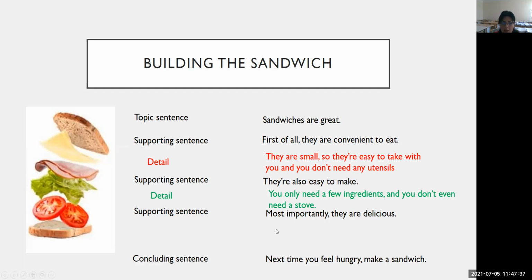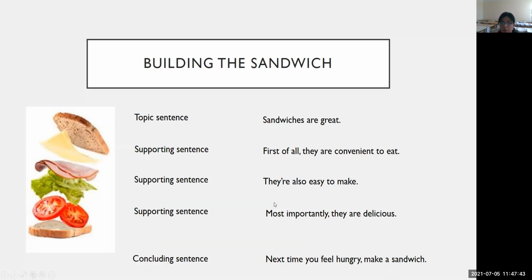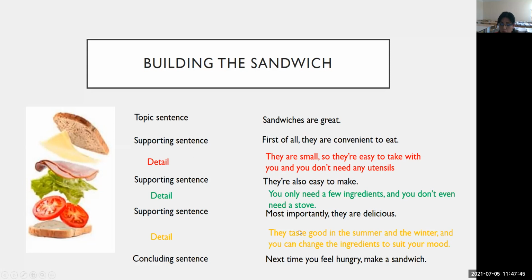The next supporting sentence: Most importantly, they are delicious. The detail: They taste good in the summer and the winter, and you can change the ingredients to suit your mood. Next time you feel hungry, make a sandwich. This is the concluding sentence.